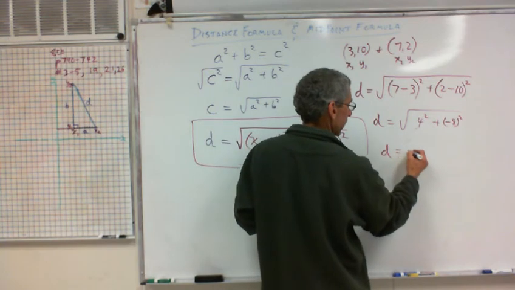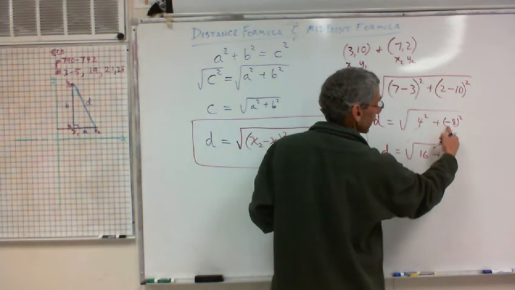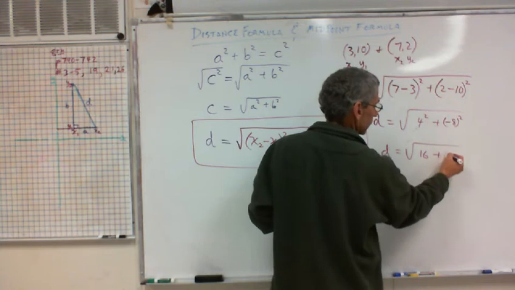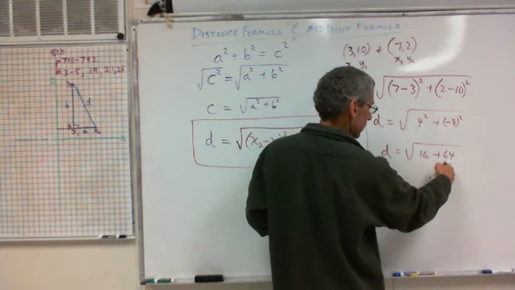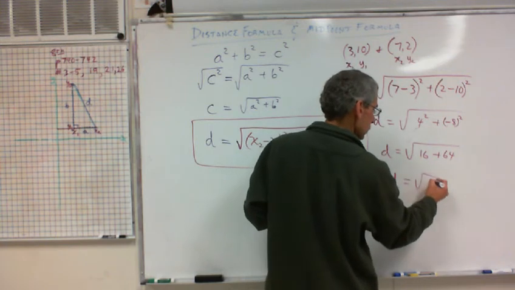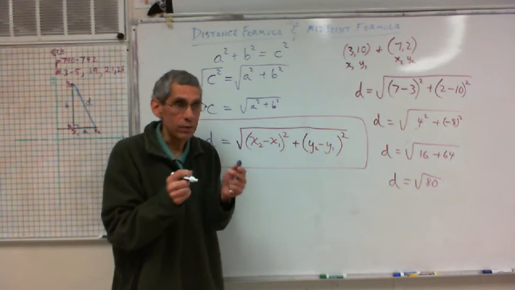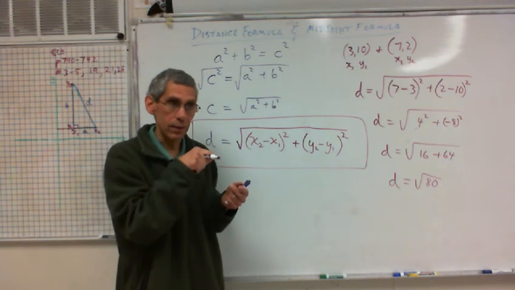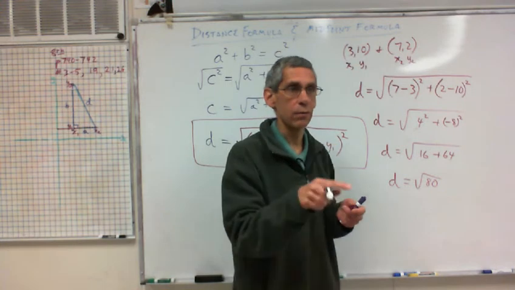That's the square root of 16 plus 64, because negative 8 squared is positive 64. 16 plus 64 is 80. So the distance is the square root of 80. If I wanted to know exactly, I'd get out my calculator and put in the square root of 80.